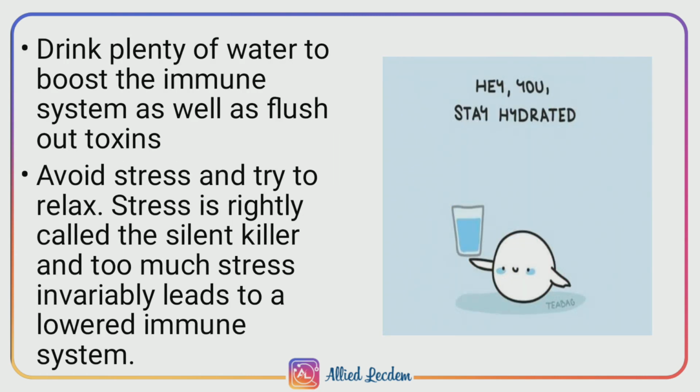Stay hydrated by drinking plenty of water to boost your immune system as well as to flush out all the toxins. And more importantly, avoid stress and try to relax. As stress is rightly called the silent killer, it can lead to a lowered immune system.